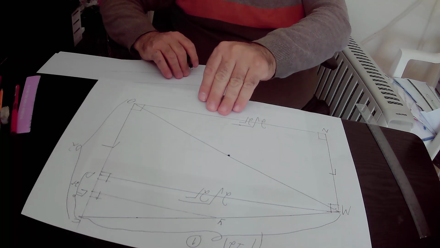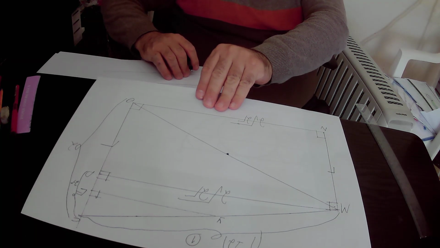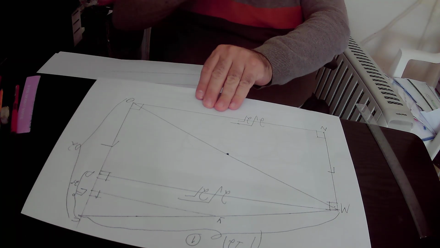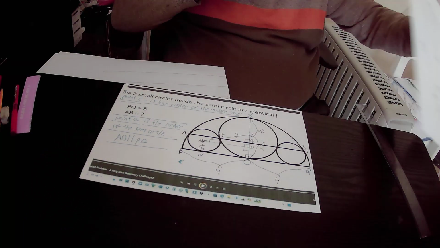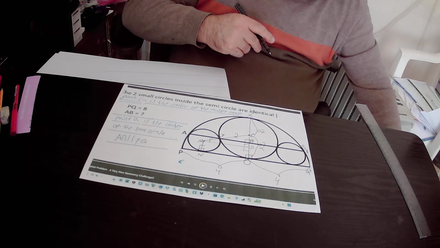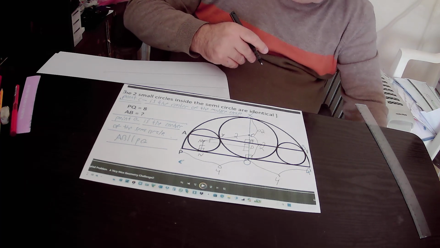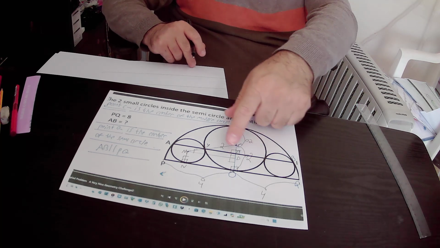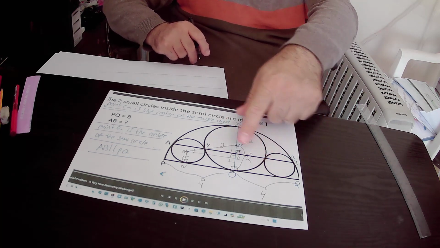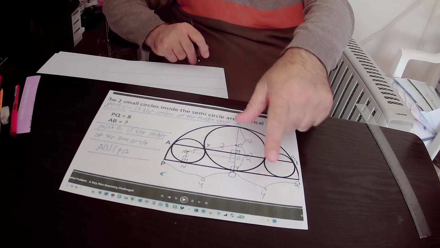So what is the value of MO? From the drawing, first of all we will connect together points M and O by a straight line.